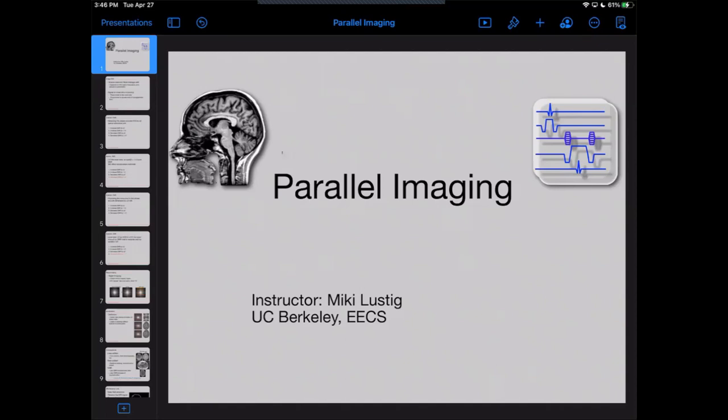Anyway, we consider just a single receiver and a single transmitter, uniformly sensitive to the entire sample, and we are only relying on the gradients to do the encoding of the image.